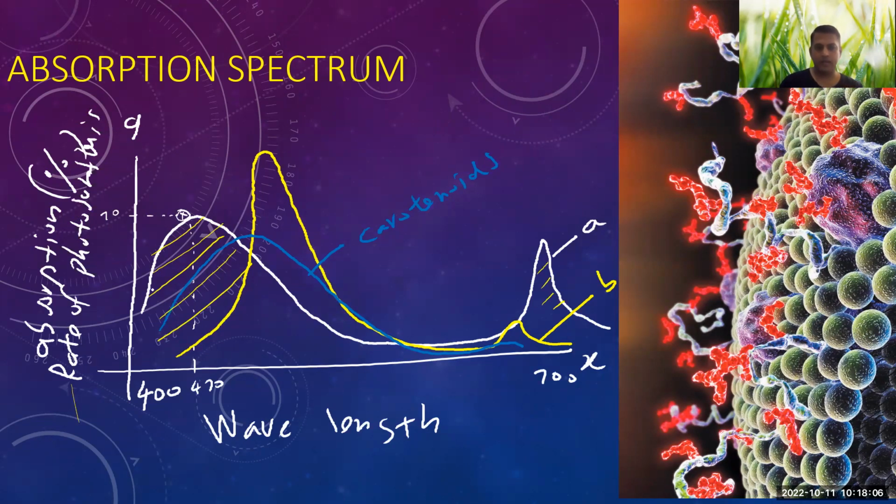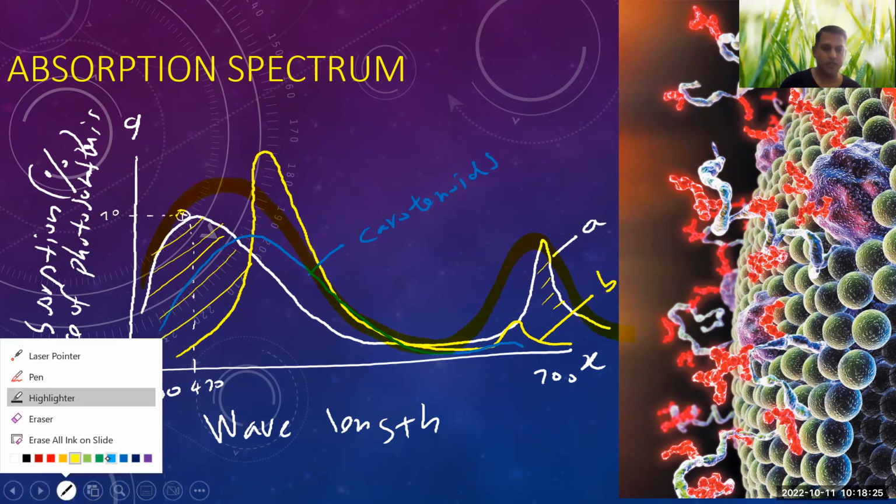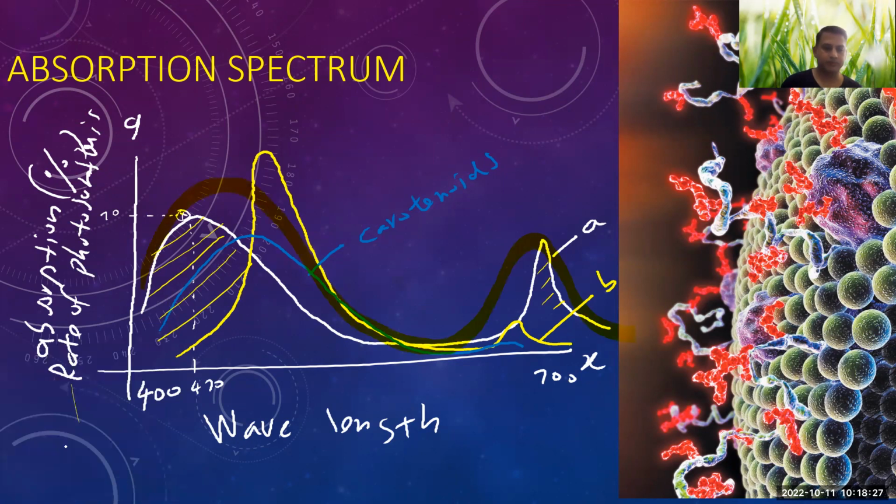You can understand more light, more photosynthesis. So if more light, more photosynthesis, then action spectrum is something like this. It is similar to the absorption spectrum.